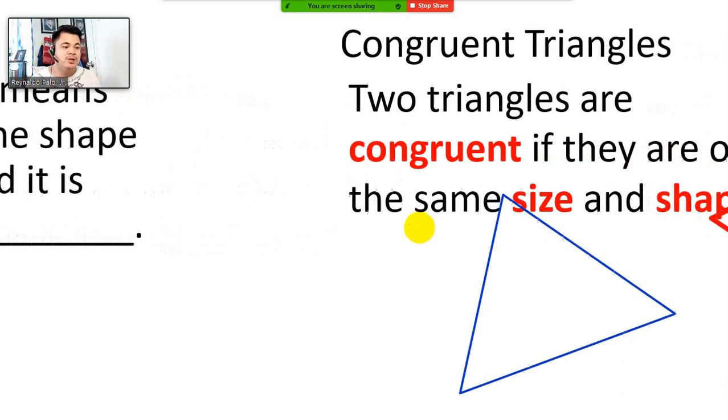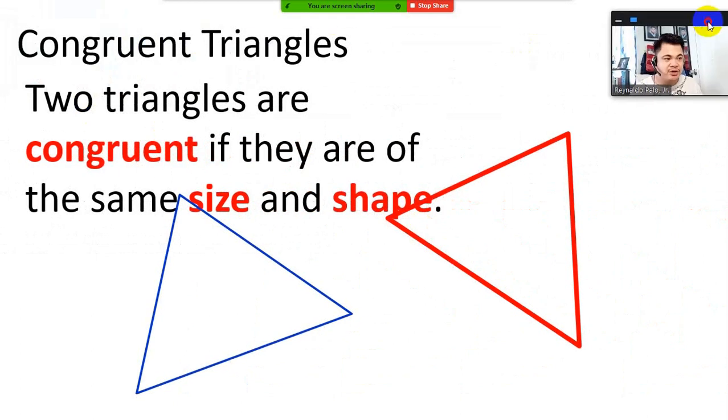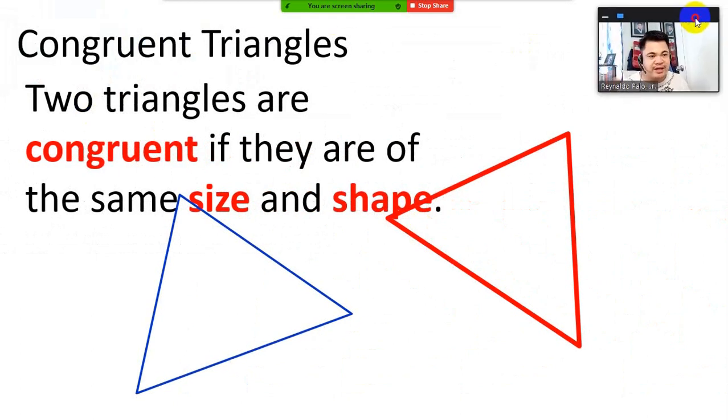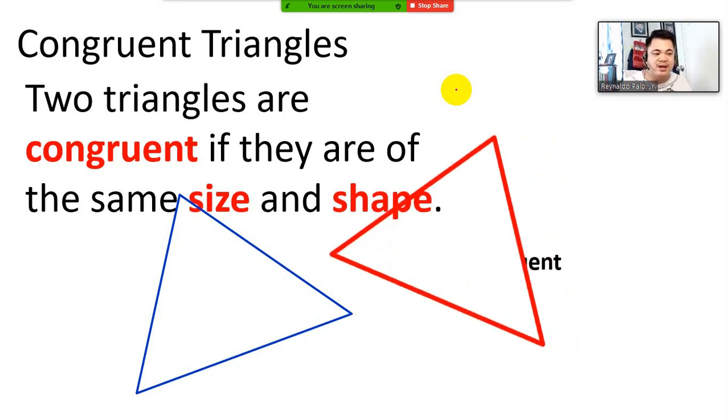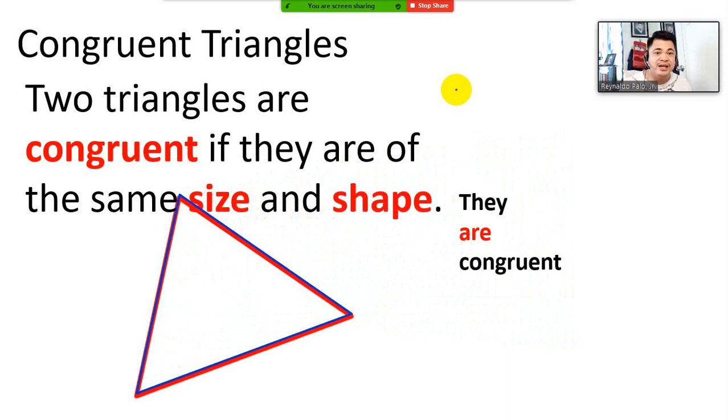Next, congruent triangles. Two triangles are congruent if they are of the same shape and size. Just like what you are seeing, we have the blue triangle and the red triangle. If we put them together, they are of the same shape and size.